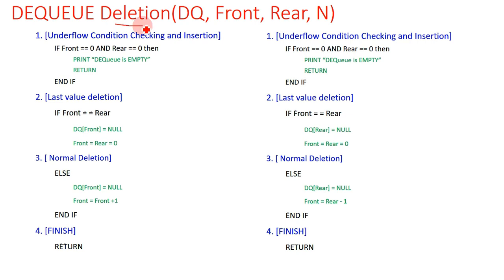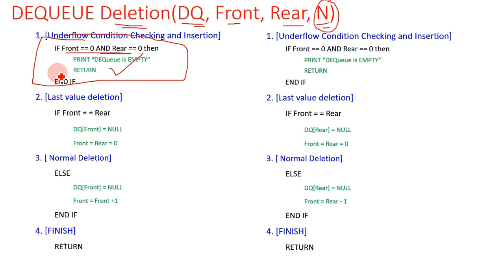Now do deletion from both the ends of the DQ, front end, rear end, and show the size of the queue. If front, this is deletion from the front. So from front, this is the normal deletion. Okay, so if both front and rear are equal to 0, it means underflow condition is satisfied, and return the control.